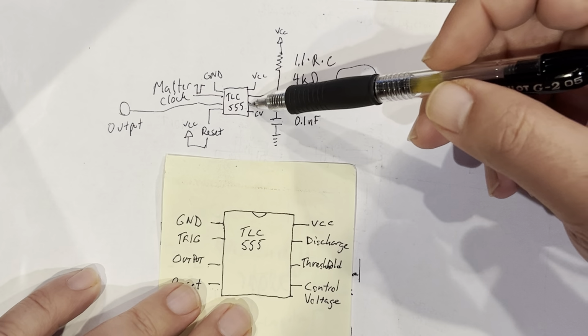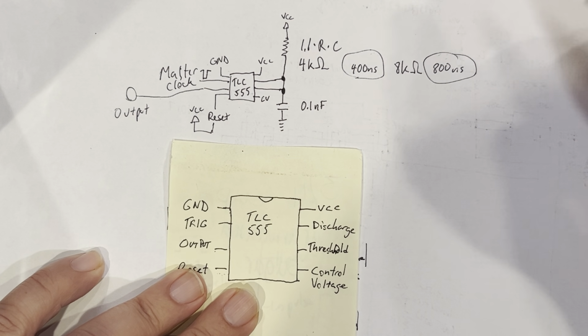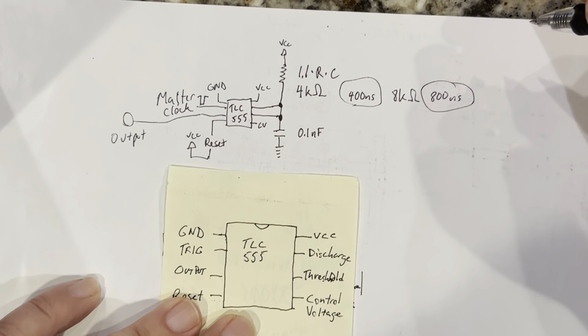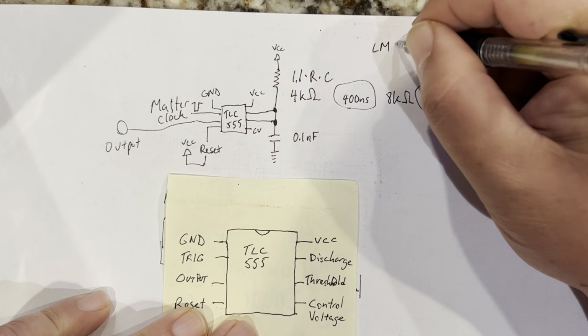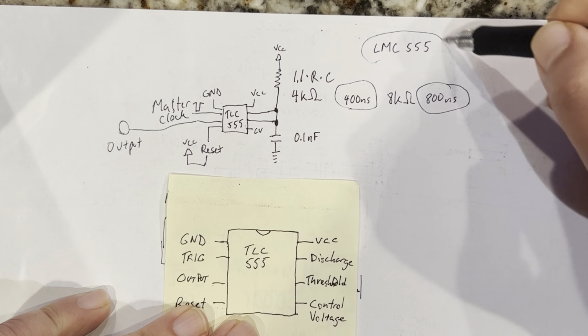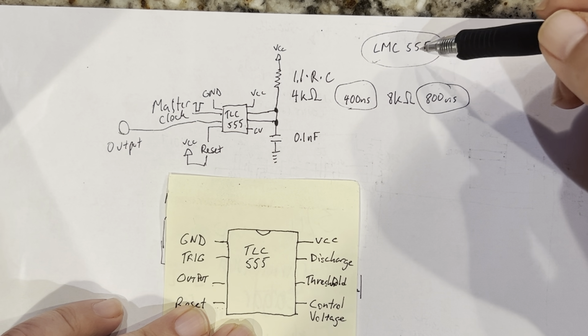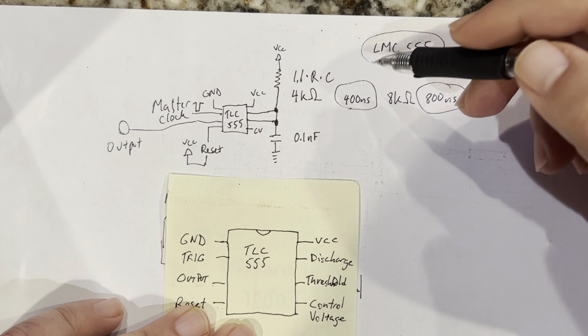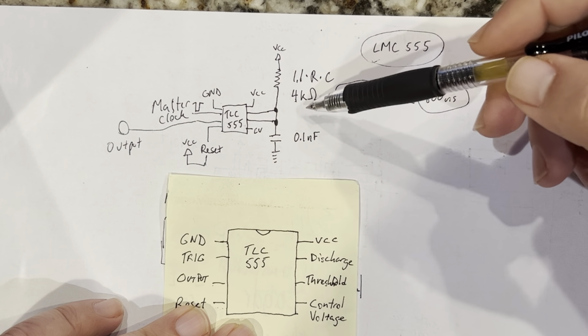monostable operation and get a different set of chips. I know that there are faster 555 timers. There's an LMC555, which is the fastest version in astable mode. This can go up to 3 megahertz in astable, and you can use even smaller external components with this.